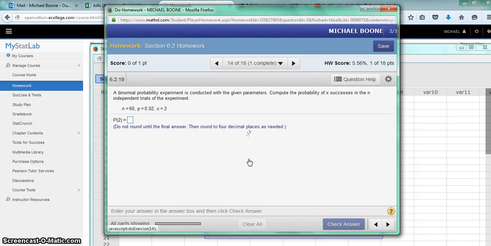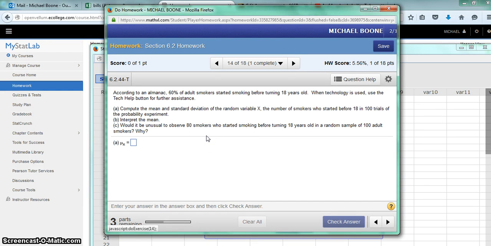Another one to look at, number 14, is finding the mean and standard deviation of a binomial model. So if you're looking at this, there's formulas in the book, but the mean of a binomial is looking at the percentage times the number of people.